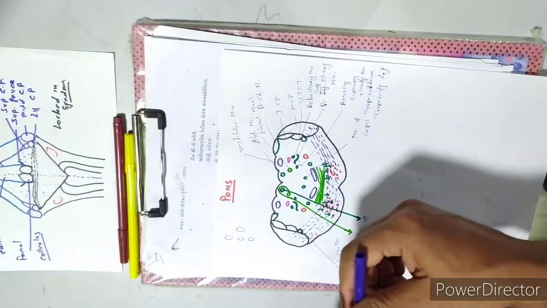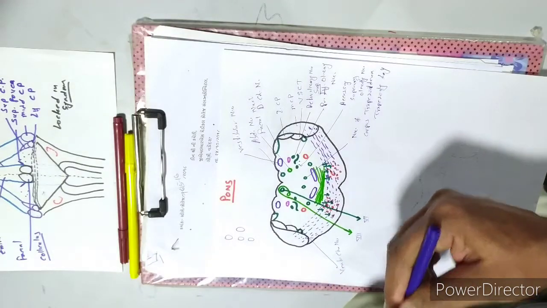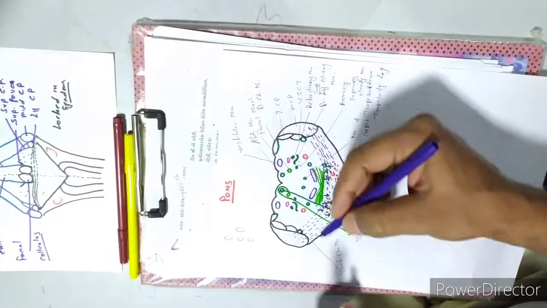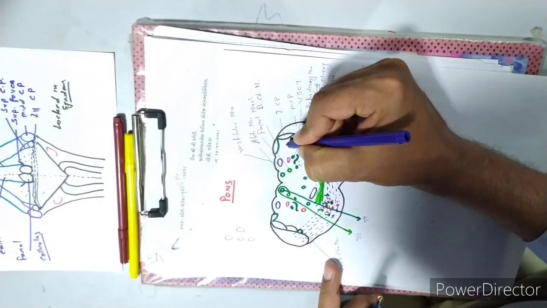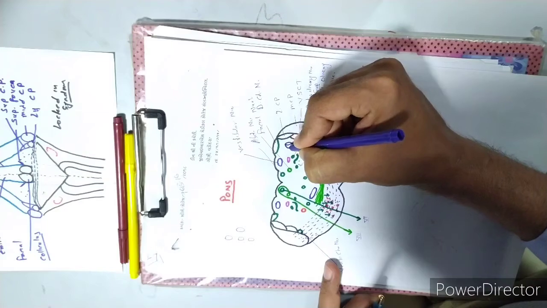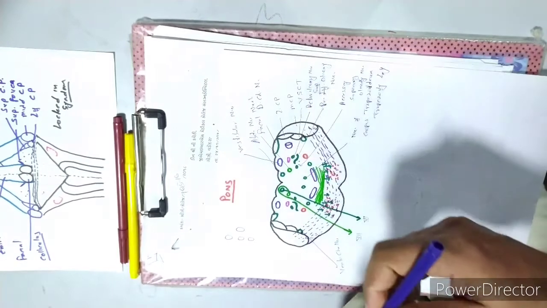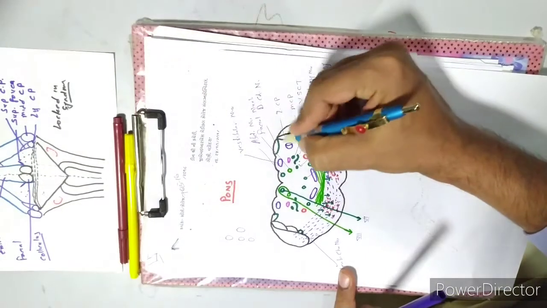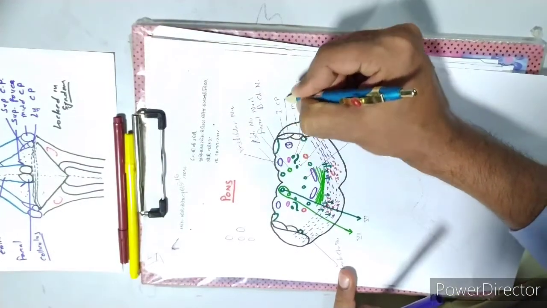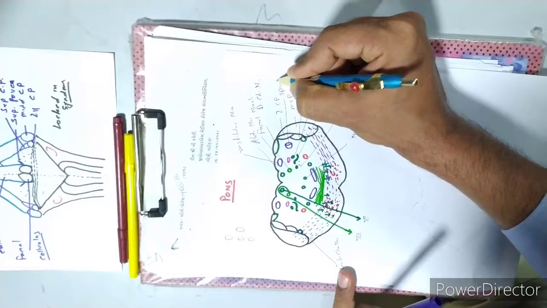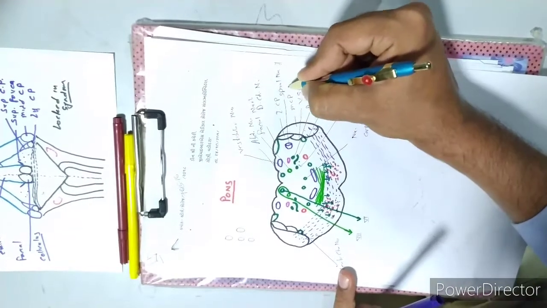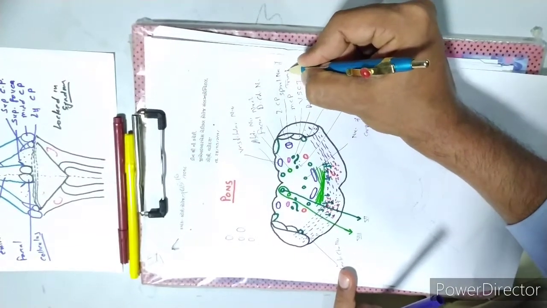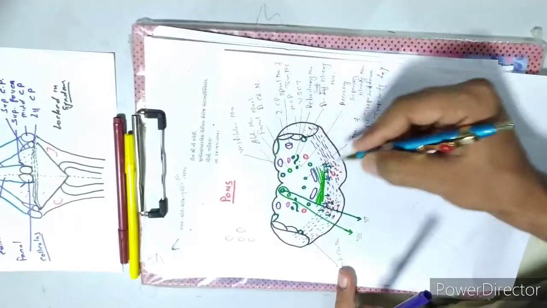Then laterally, on the lateral side here, this is the spinal nucleus of the trigeminal nerve, and the tract.